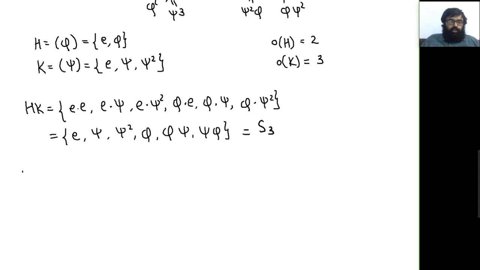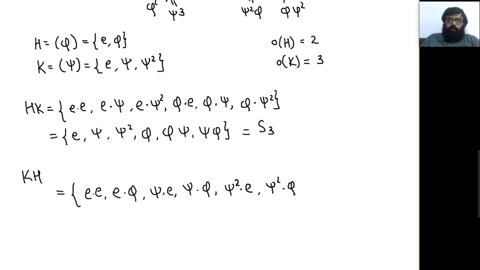Let us see what is KH. Let me write here below and then we'll write above so we can compare. Elements of K are now multiplied from the left. First E dot E, E dot phi. Now E is over, so take psi: psi dot E, psi dot phi, then psi square dot E, psi square dot phi.